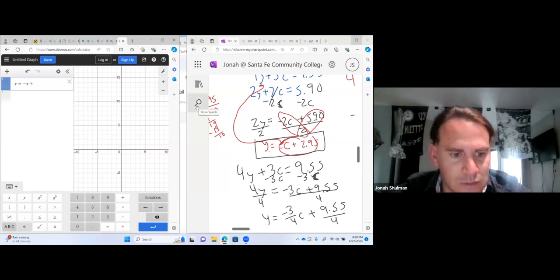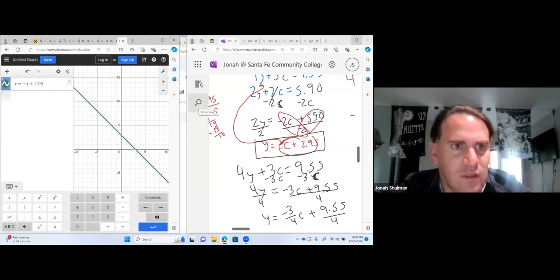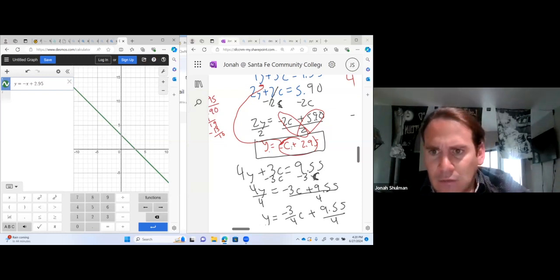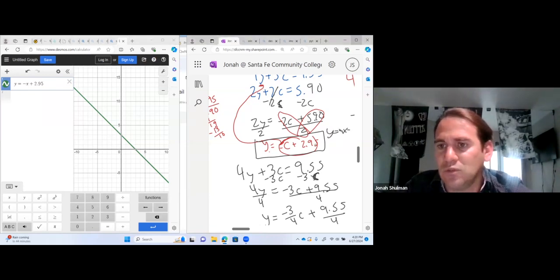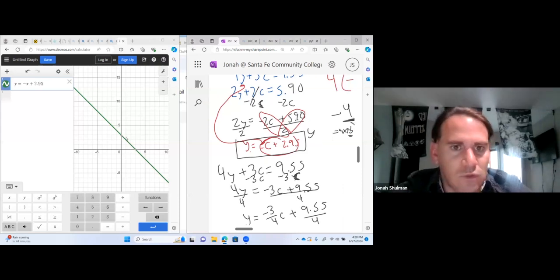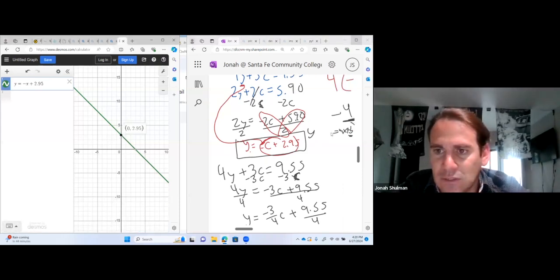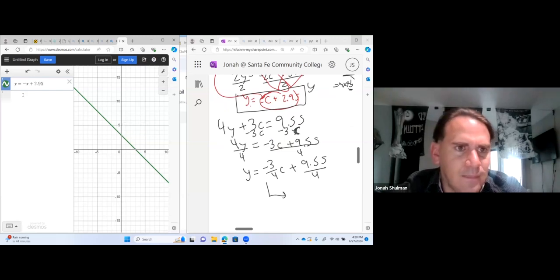So I'm going to go plus 2.95. There's the line. Negative x means look down 1 over 1. And this is where we start, the 2.95. That's your y-intercept for y equals mx plus b. This is where we start, which is this point, and then this is your slope. That's your slope.